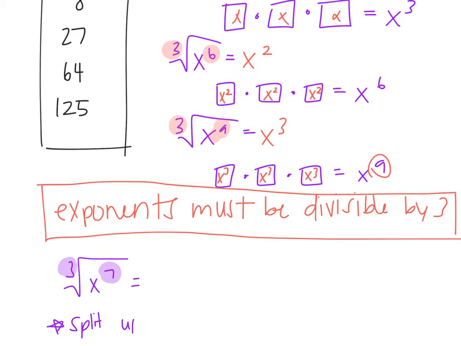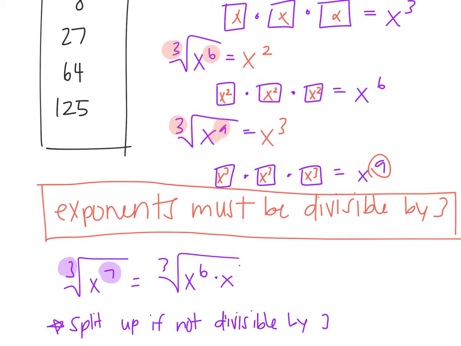Split up if not divisible by 3, in order to simplify. So I can take x to the 6th, because I know x to the 6th is divisible by 3, but what do I have to multiply x to the 6th by in order to get x to the 7th? Just x, right? Because 6 plus 1 gives me that 7.